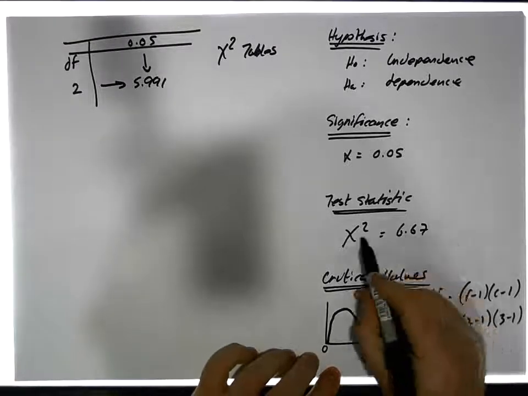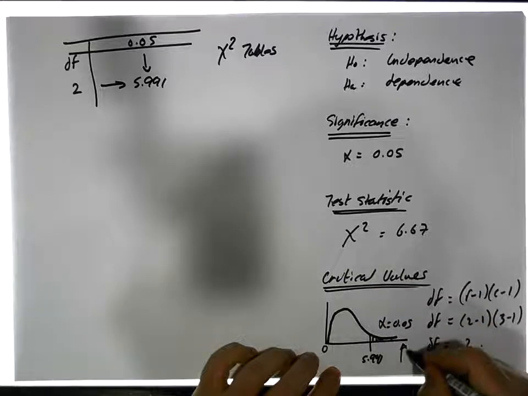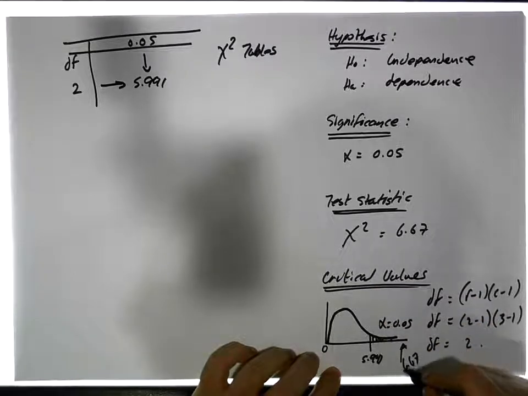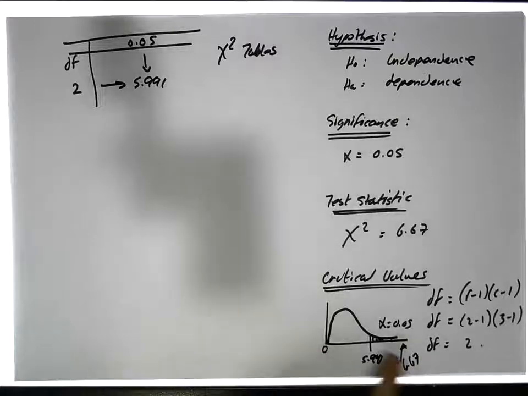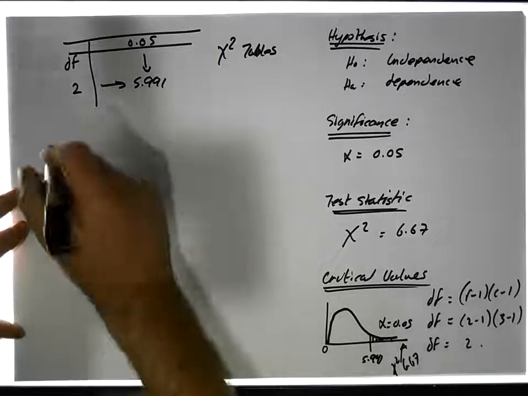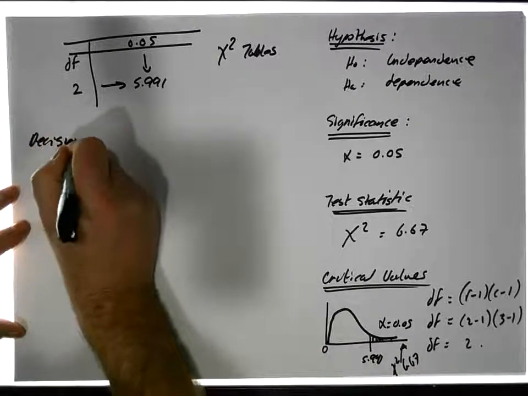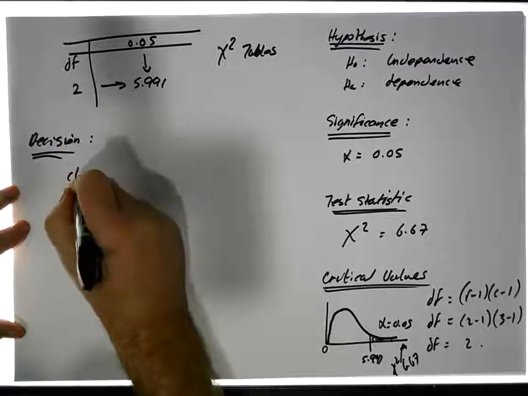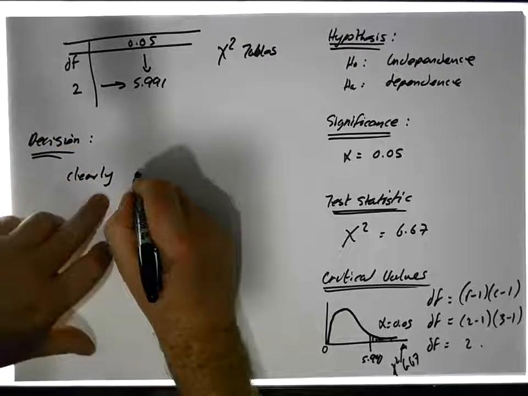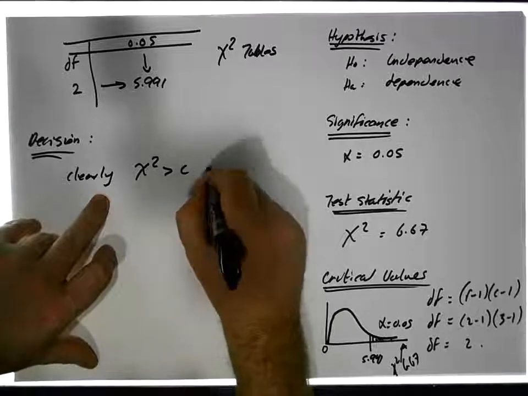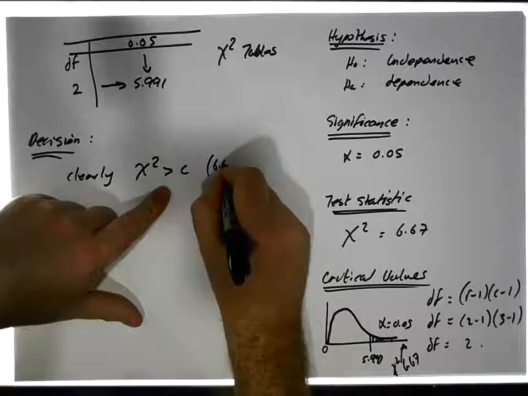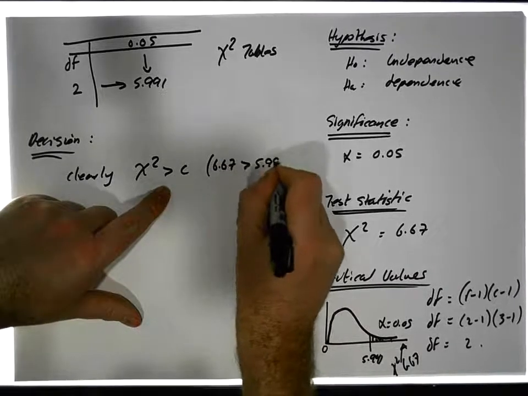And our test statistic is 6.67, which is up here. 6.67 is our chi-squared, which is bigger than the 5.991. So our decision is clearly, our chi-squared is bigger than our critical value. What we mean by that is 6.67 is bigger than 5.991.